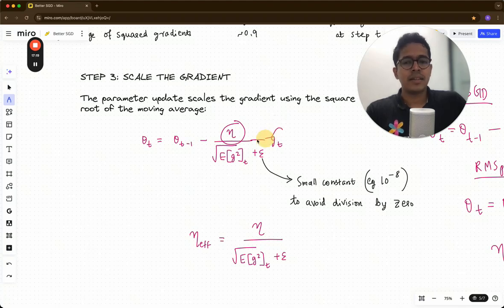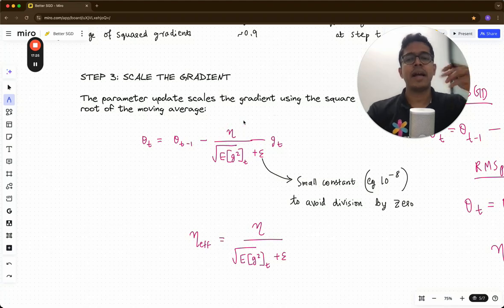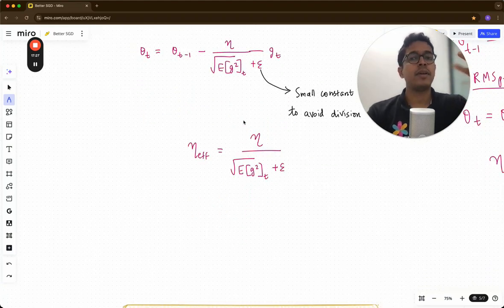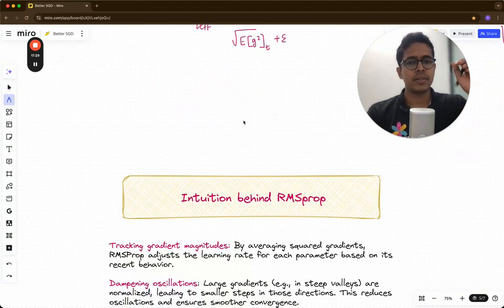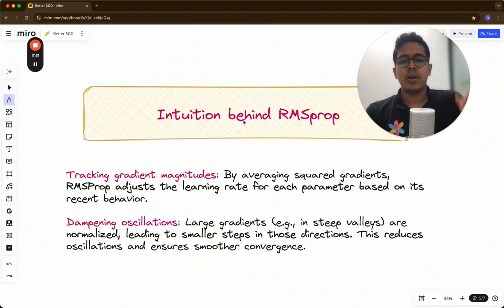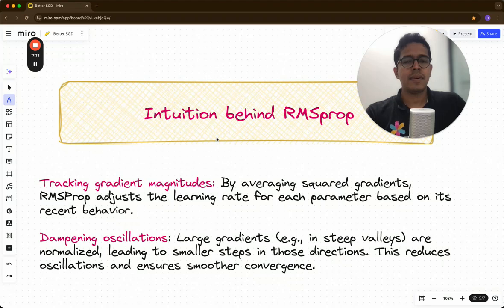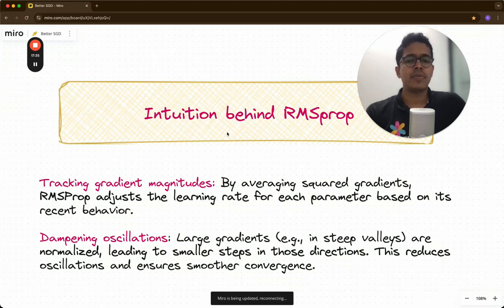You can say that this is the effective gradient and eta remains the same, or you can say the gradient remains the same, but you have an adaptive learning rate. Either way you can visualize this. Here what we are doing essentially is normalizing the value of the gradient.